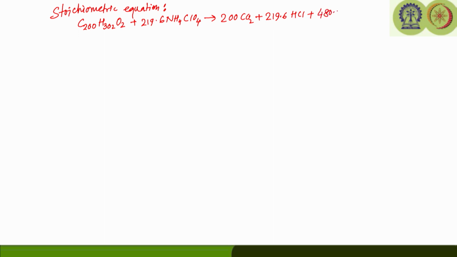So, we can write the stoichiometric equation, and it will become C200H302O2 plus 219.6 NH4ClO4, that will become 200 CO2 plus 219.6 HCl plus 80.4 H2O plus 109.2 N2.